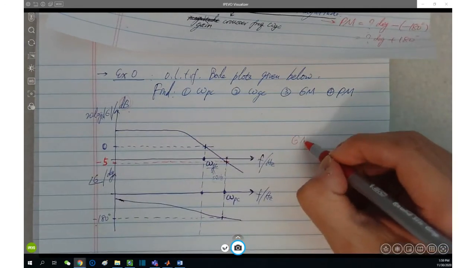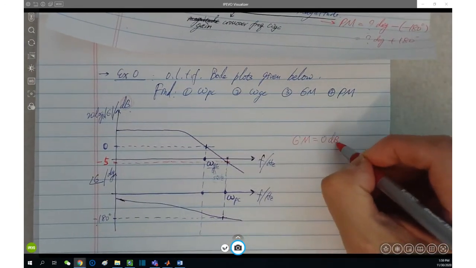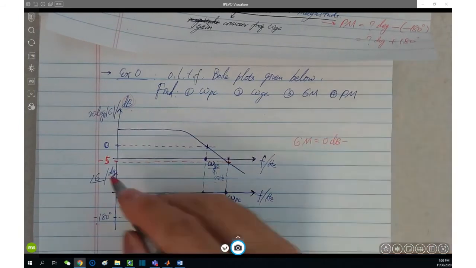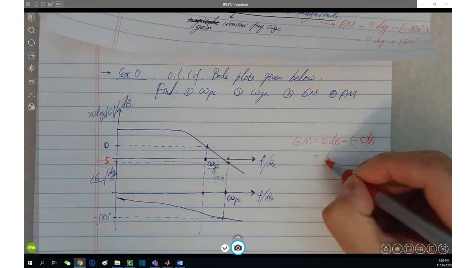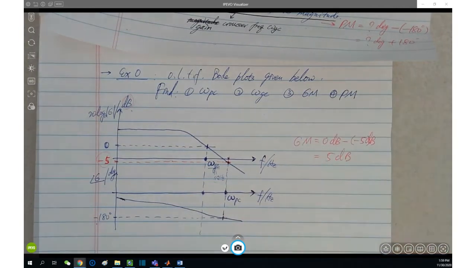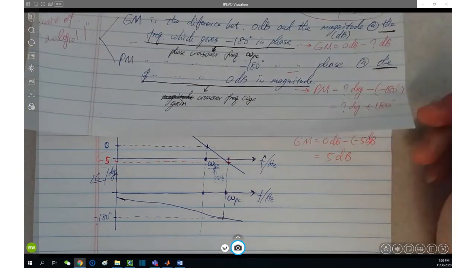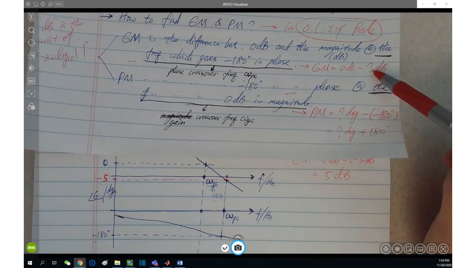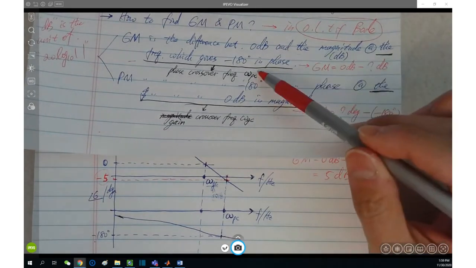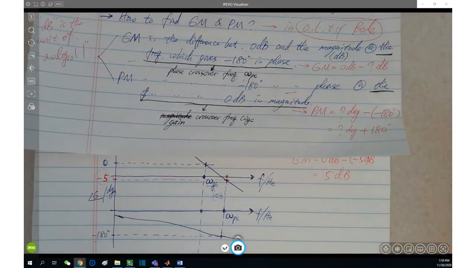GM equals 0 dB minus, once again, negative 5 dB, equals 5 dB as the GM. Does it make sense? Because here it is telling you that your question dB is at omega PC, right?